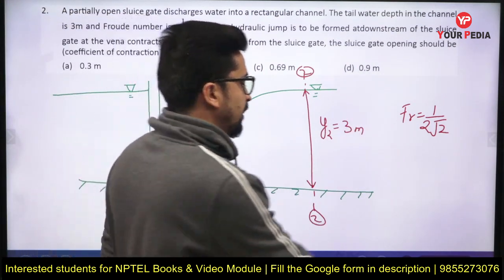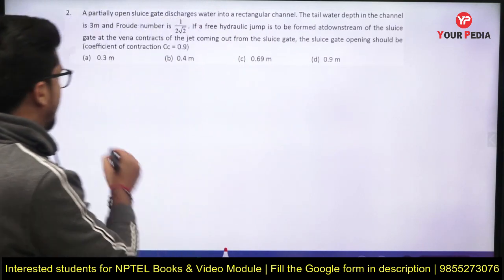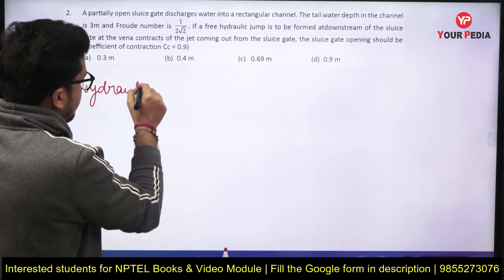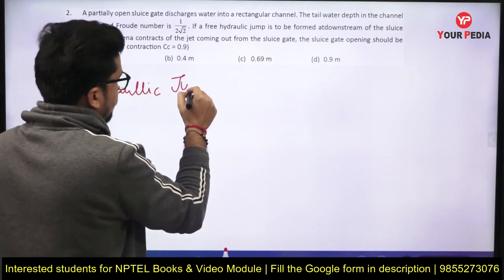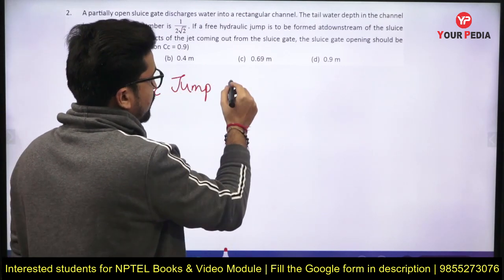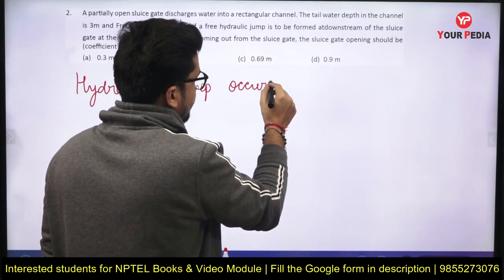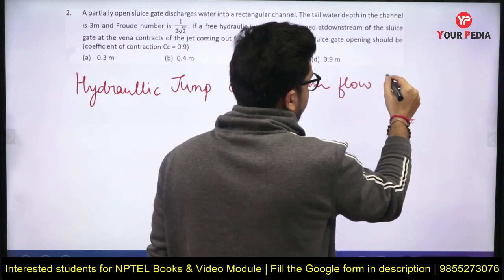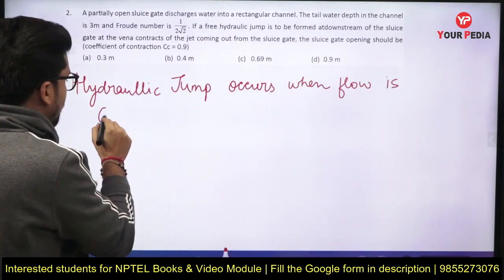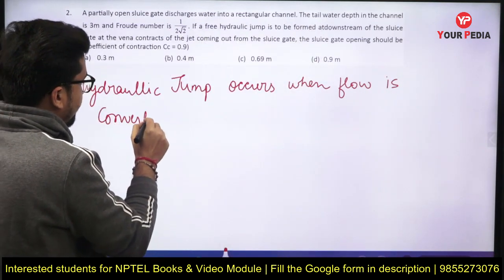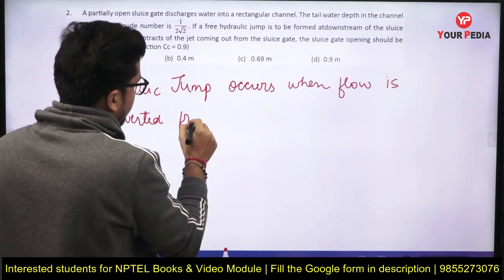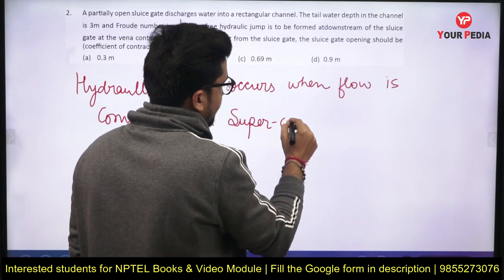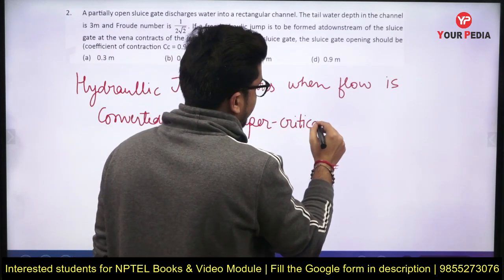We know a hydraulic jump occurs when flow is converted from supercritical to subcritical flow.